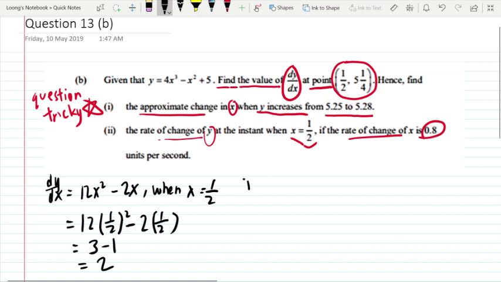And for the next part, when y increases from 5.25 to 5.28, it means that it increased by 0.03. When dealing with approximate change, you need to be aware whether the value is increased or decreased.